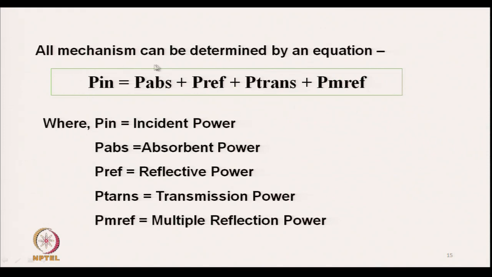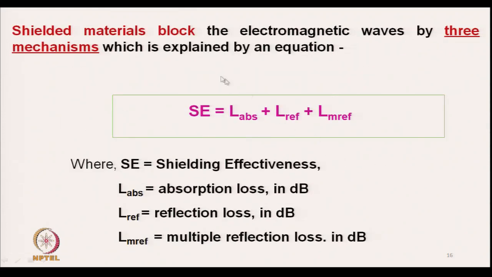So, all mechanisms can be determined by equations. The total incident power of the electromagnetic wave is the summation of absorbed power, reflected power, transmitted power and multiple reflection power. So, if we add all this, we will get the incident power.